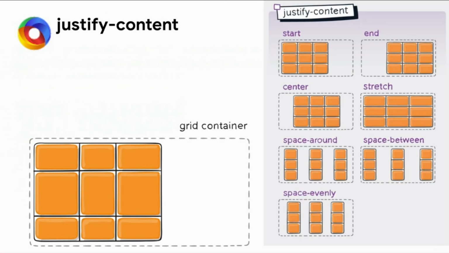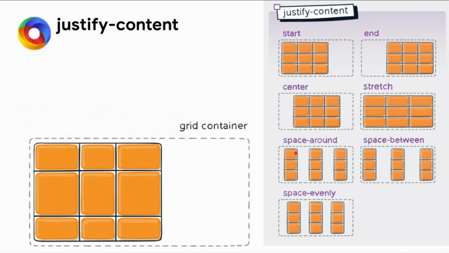We can use it basically if your grid size is excess. Suppose your entire grid container, the grid parent, is very big, and your inner children are very small, very thin ones. In that case, you can use justify content to either centralize it, stretch it, or end it and start it. So when will this justify content be used?